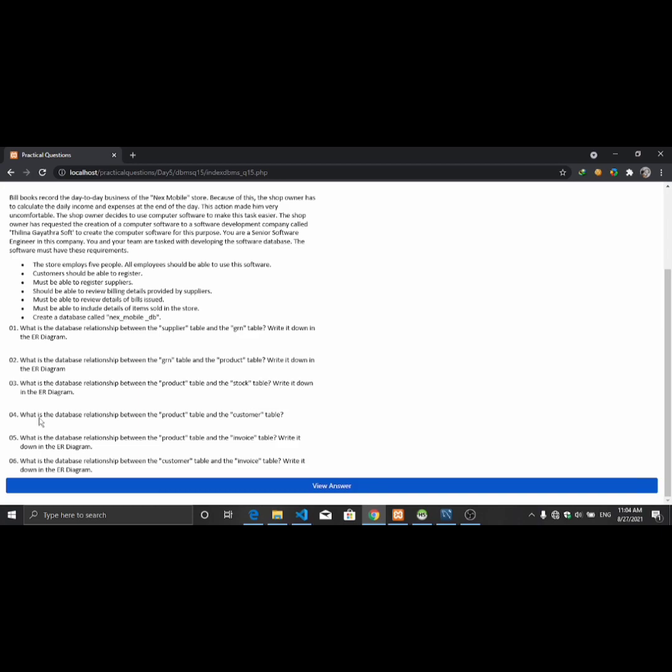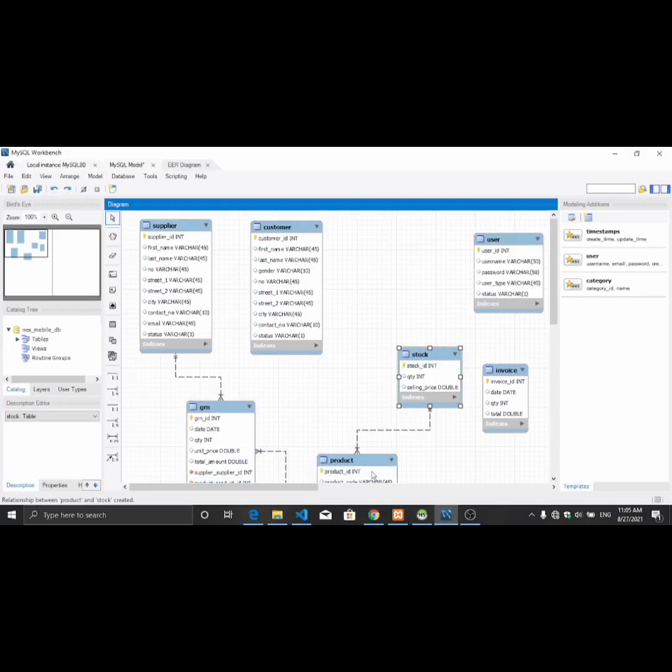What is the database relationship between the product table and the customer table? So let's see what the relationship is between those two tables.